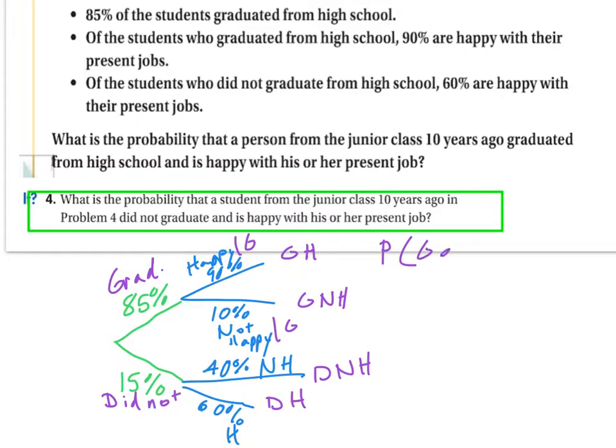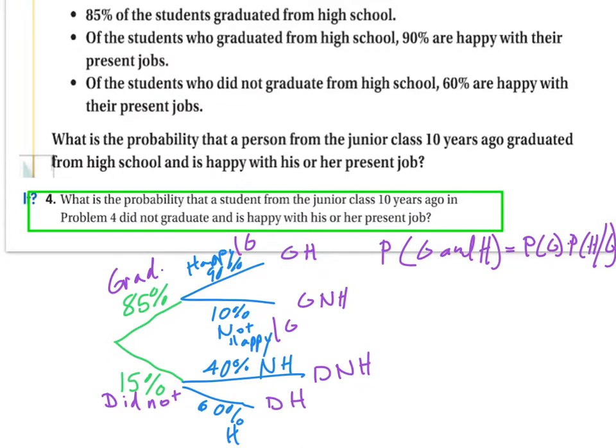And so really what we do is we take the probability of graduated multiplied by the probability of happy given that they graduated. And so those are the two probabilities that we have.